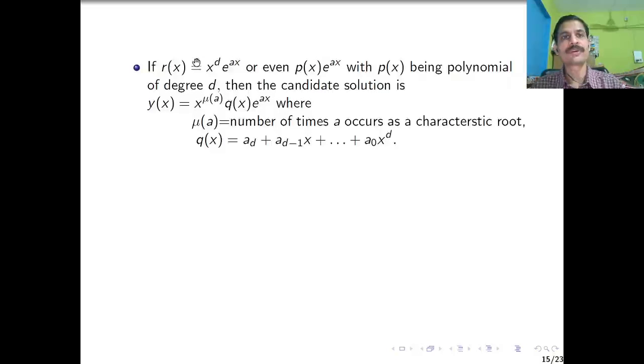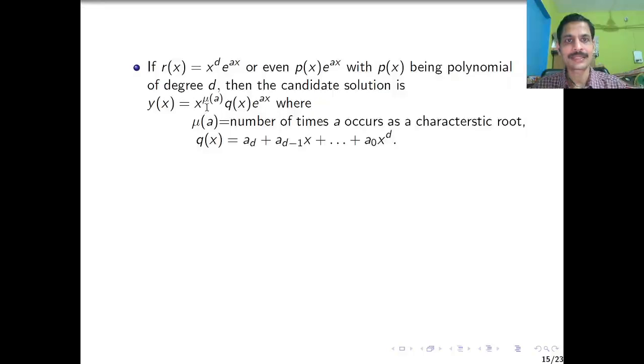If this kind of R(x) is there, then the candidate solution that we take and substitute in the non-homogeneous ODE can be taken to be x raised to mu a, where mu a is the number of times a occurs as a characteristic root, that is the root of the characteristic equation.